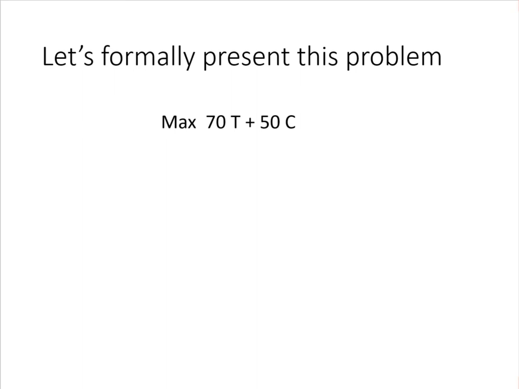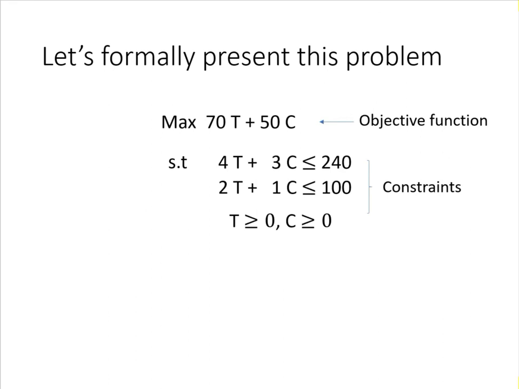Here, 70T plus 50C is called the objective function. Next, you will show all the constraints. Here, we have ST on the left. It is short for subject to.